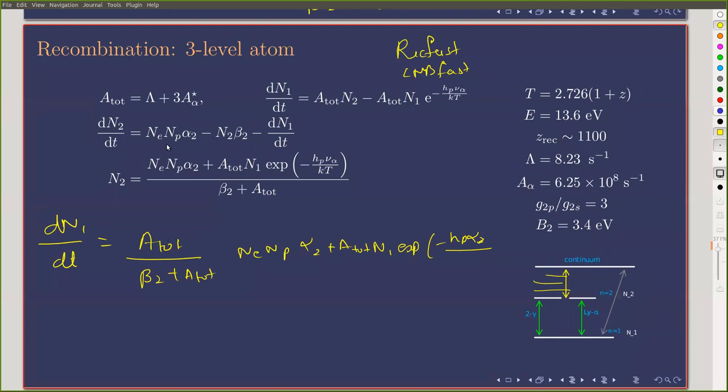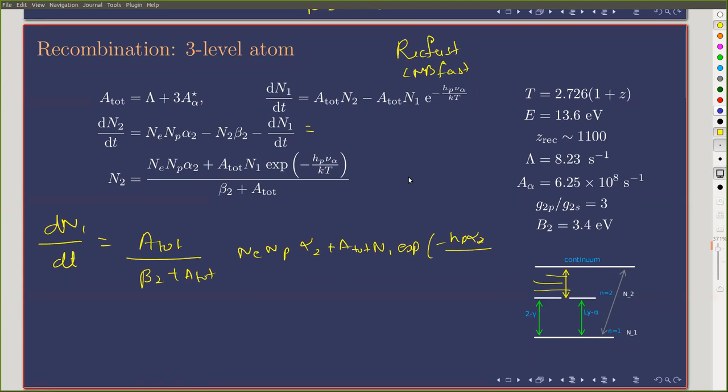It says that this answer is correct. This equilibrium only breaks down towards the end of recombination, and at that time you need more precise calculations. So this is an approximation which holds for most of the process of recombination, and you can probably do these calculations numerically without taking this assumption, and it will still give you the same answer. So it is an approximation which you use from the numerical values.